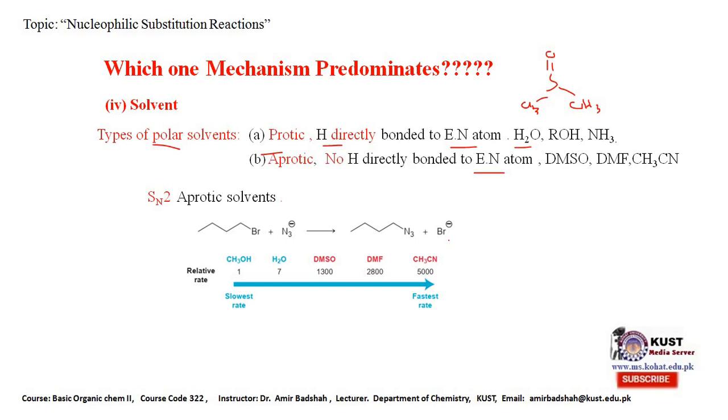Now, how is this reaction affected by the nature of the solvent? If the reaction takes place in methanol, the rate will be comparatively very slow. If we change the nature of the solvent from protic to aprotic, going from methanol to H2O, the rate is a little higher, and then DMSO, the rate is very high, and then DMF, and then acetonitrile.